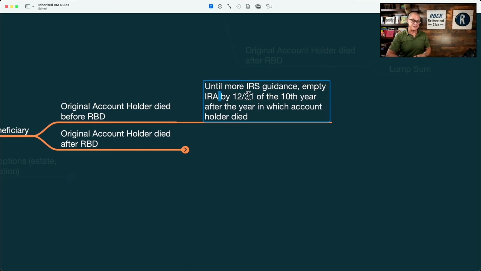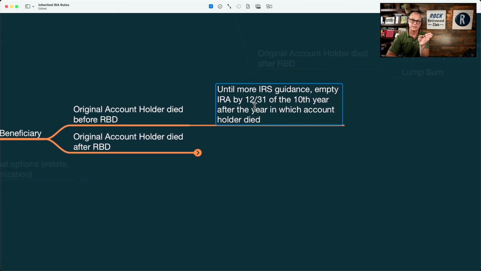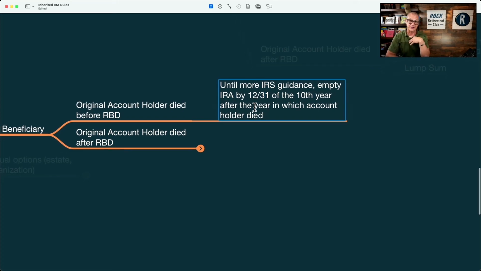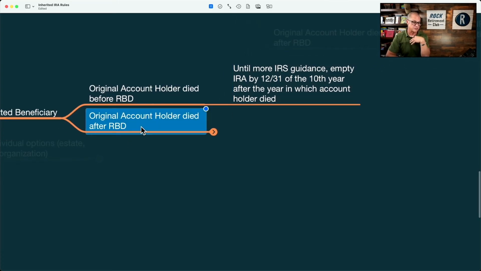They must empty the IRA by the end of the year of the 10th year after the owner dies. So if the owner dies in 2024, 2025 is the next year, they have 10 years from that date to empty the account, but they don't have to take any money in between unless the IRS comes back and gives us more qualifications.